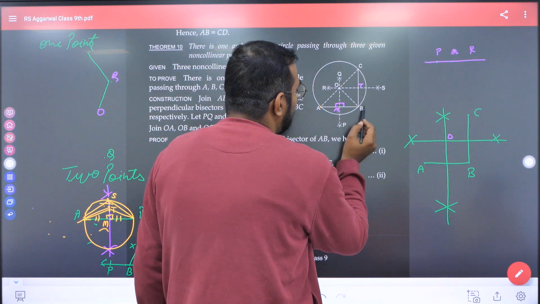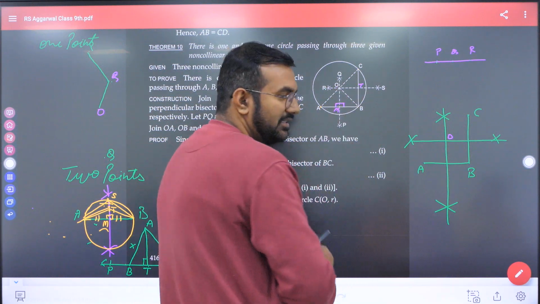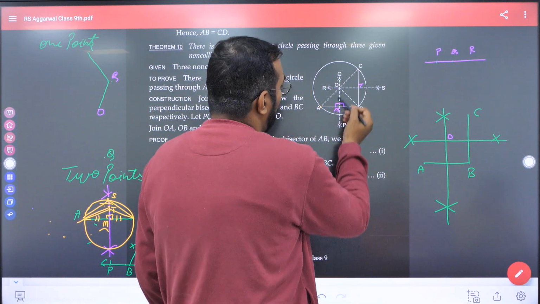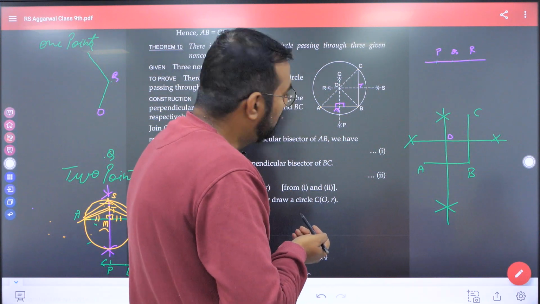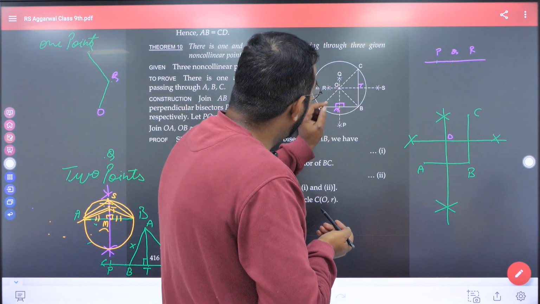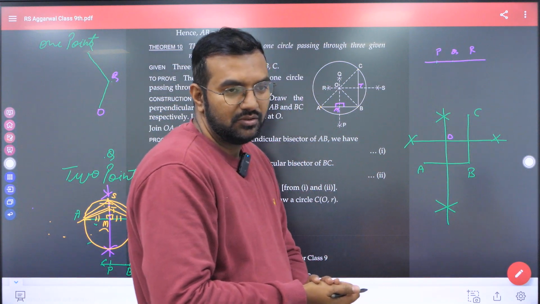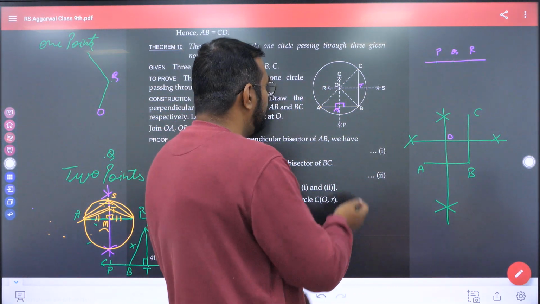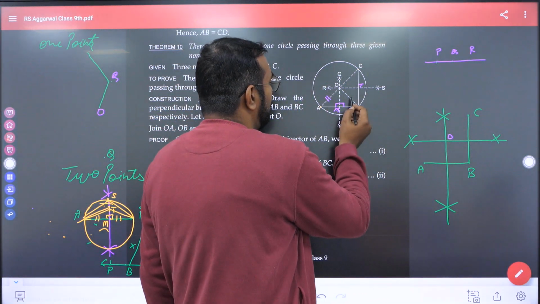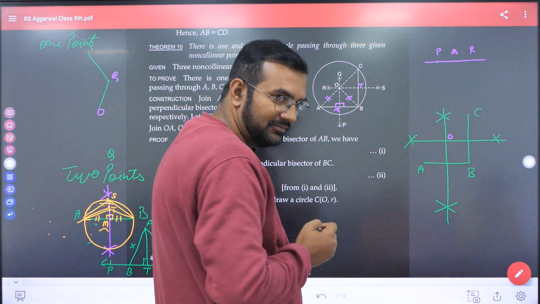AM is equal to BM because this line is a bisector, and OM is common. So OMA and OMB are two congruent triangles. Then by CPCT, OA is equal to OB.